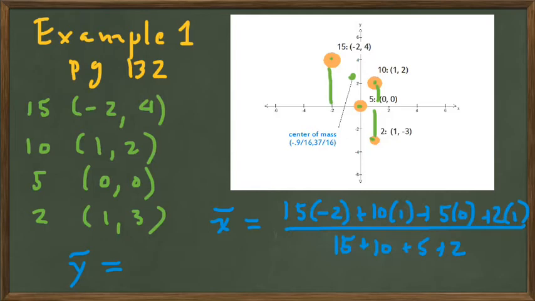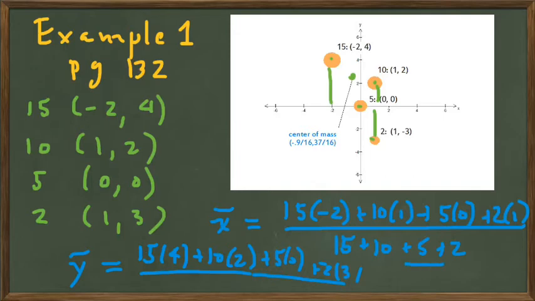So putting that information in, the 15 unit weight is 4 units away, the 10 unit weight is 2 units away, the 5 unit is at the origin, and the 2 unit weight is 3 units away, and we're dividing by the same denominator, which is 25 plus 7, 32.